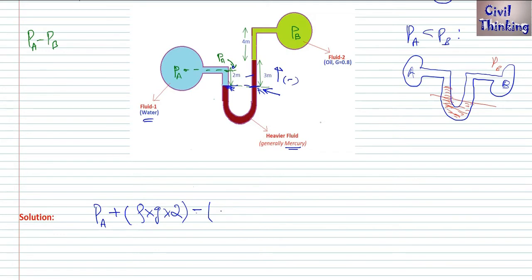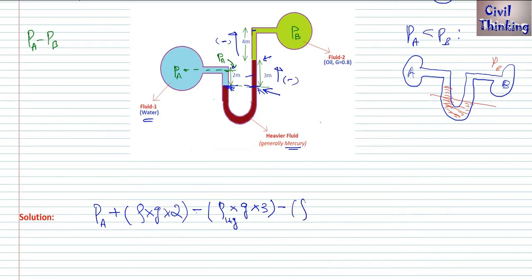Density of mercury, let the mercury be denoted by Hg, rho Hg multiplied by 3. We are here now, right? Now we have to go more upwards up to this point. So from here to here is 4 meters, but it is upwards, so we will use negative sign.